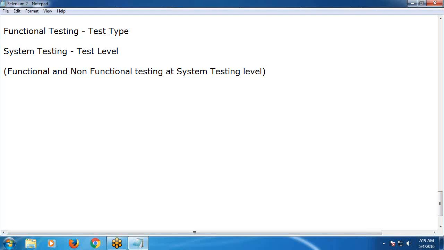In acceptance testing, end users are testers. In system testing, independent testers like you people are testers. Okay, forget about unit testing, integration testing and acceptance testing. Our area is system testing level. At system testing level, we conduct functional and non-functional testing.